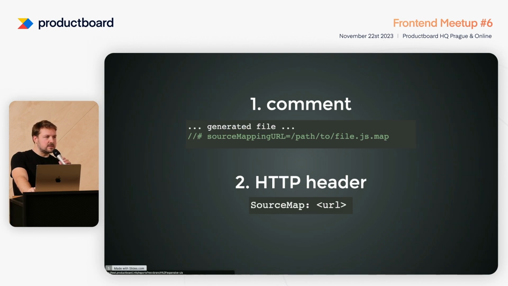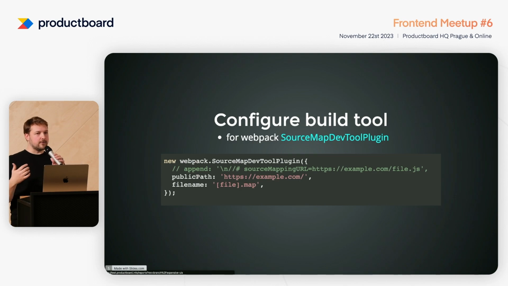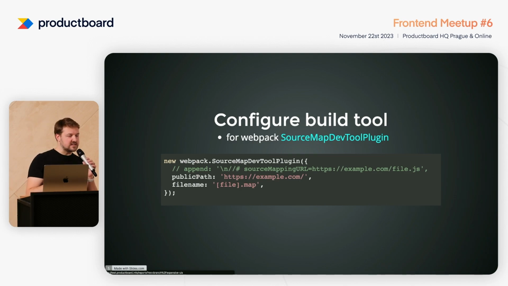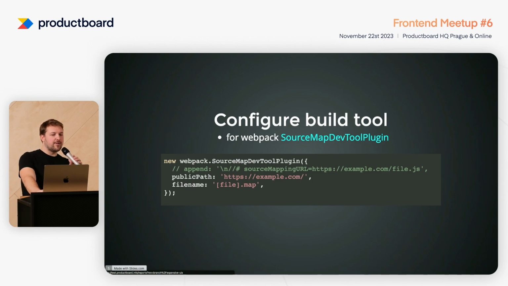I would say that the first approach is more common. In our case, we are using Webpack to build our project. And in the configuration, we have the settings for the SourceMapDevToolPlugin, where you can specify the public path and the file name, and it will generate the comment for you. So that's all you need to do.